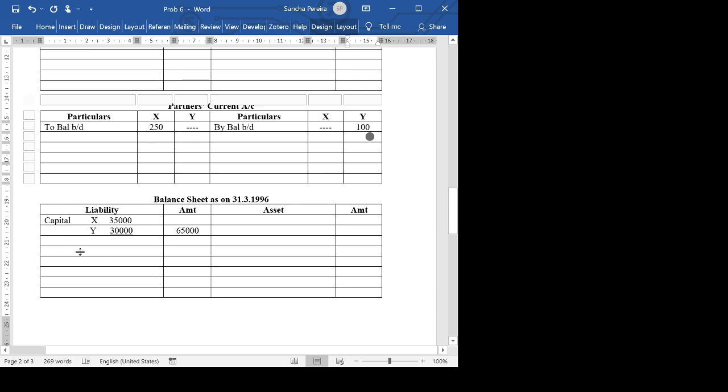Normally drawings we would minus from capital under sole proprietorship. But here I said all the adjustments connected with the partners are made in the partners current account. Now, drawings is basically an amount withdrawn by the partners from the business, which they need to repay at some point of time, or is adjusted from their share of profit or any payments paid to them. So, will the drawings come on the debit side or the credit side?